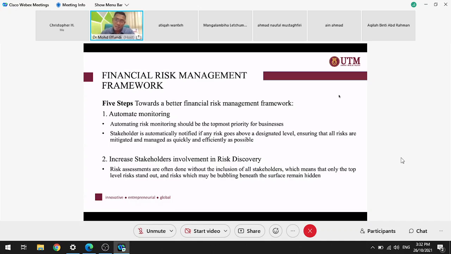This normally is within one department. That means they can only know about the top level risk, management risk, whereas on the ground itself they don't identify. So it's much better.